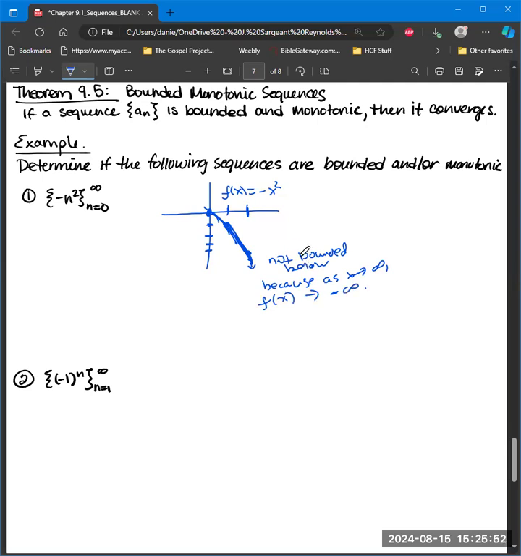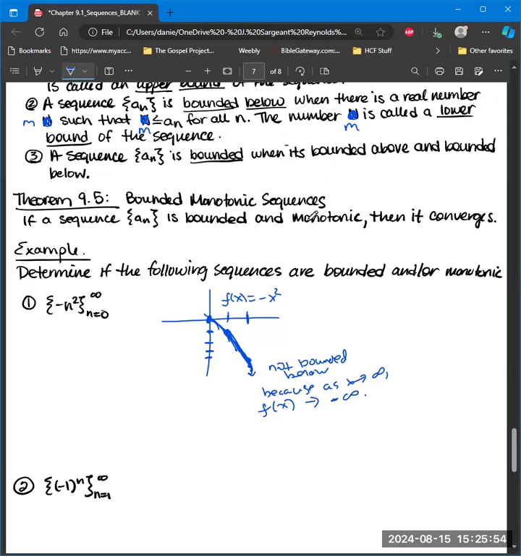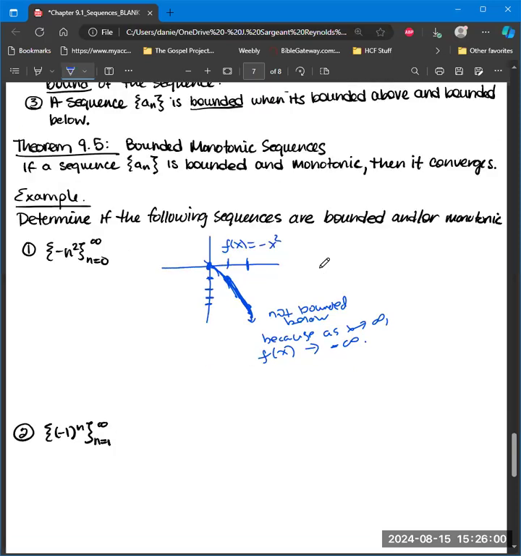So this is why I was using all that phraseology up there when the limit did not exist, saying it was increasing with that bound or decreasing with that bound. I can say that this is monotonic here, that the terms are always going down. The a sub n plus 1 is always less than or equal to a sub n, or I can say a sub n is greater than or equal to a sub n plus 1. That's true.